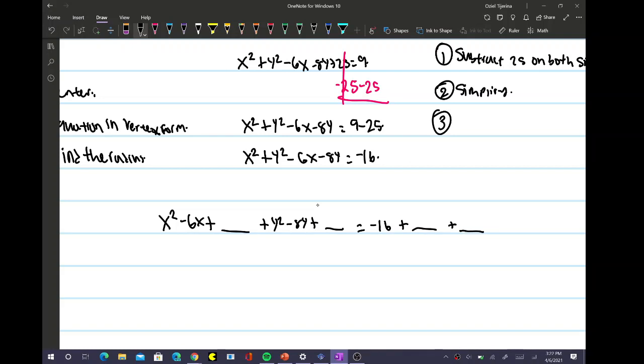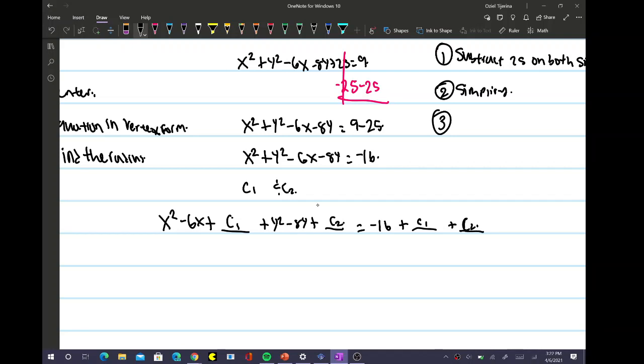I like to call them C1 and C2, but you can just use blanks. You don't have to put C1 and C2.